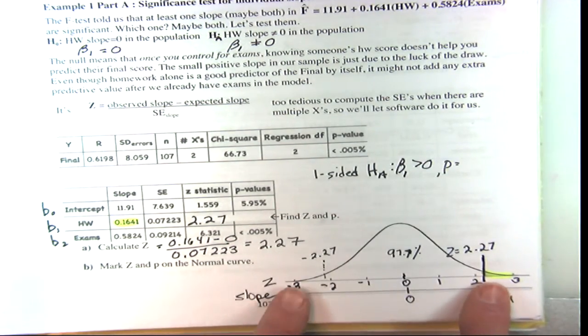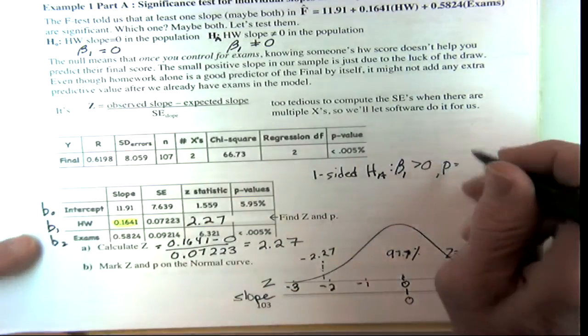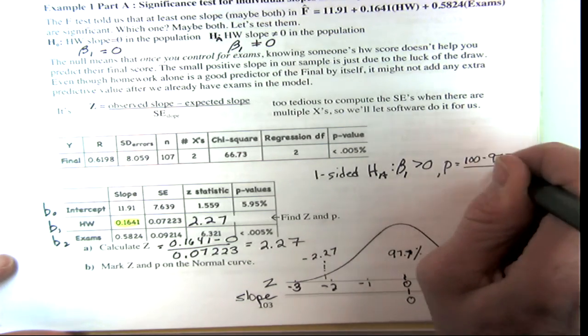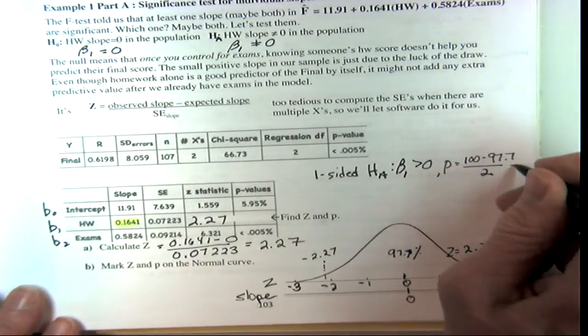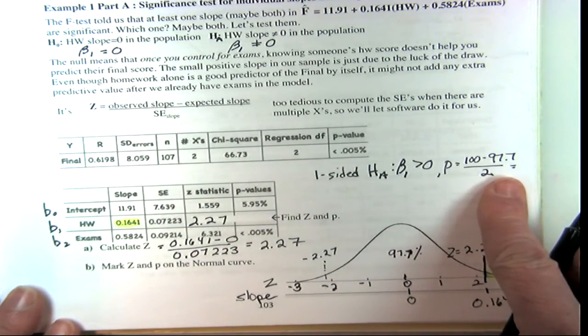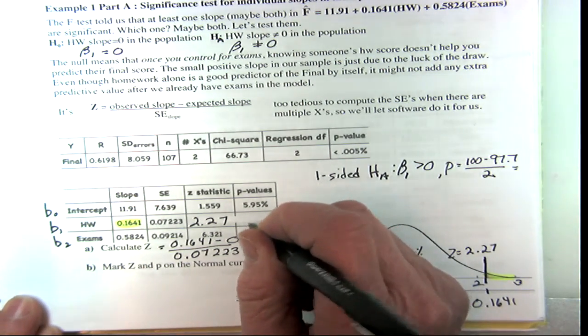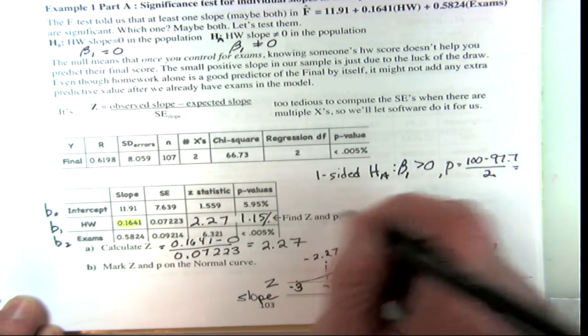It would be 100 minus 97.7, divided by 2. Okay? And that is 2.3 divided by 2. So that would be p equals 1.15%, for one-sided.